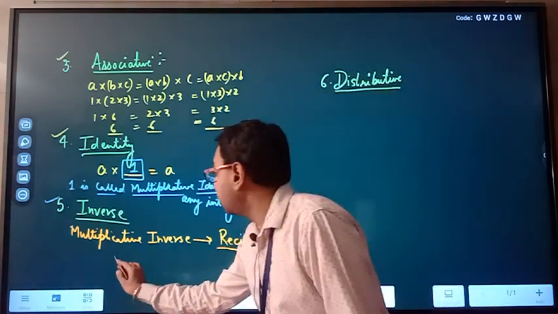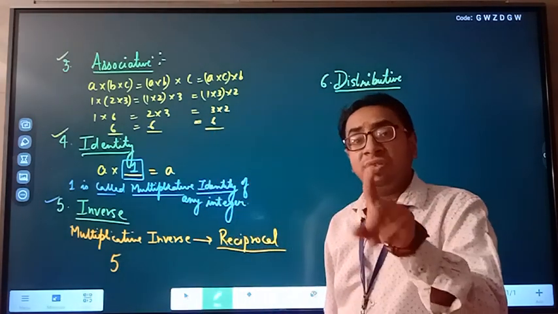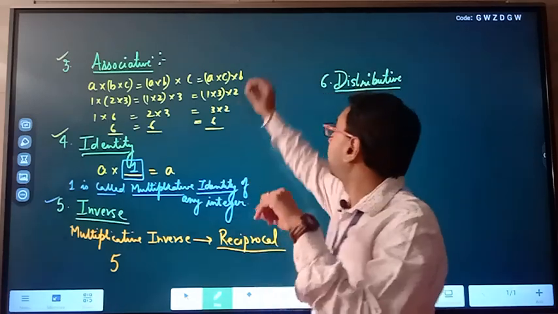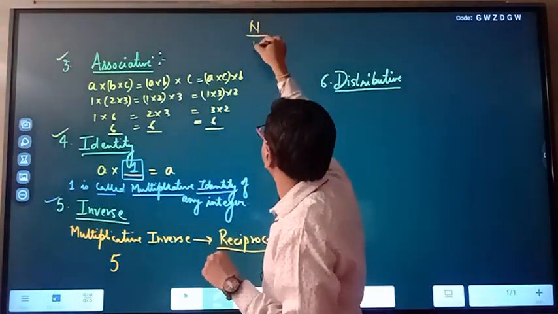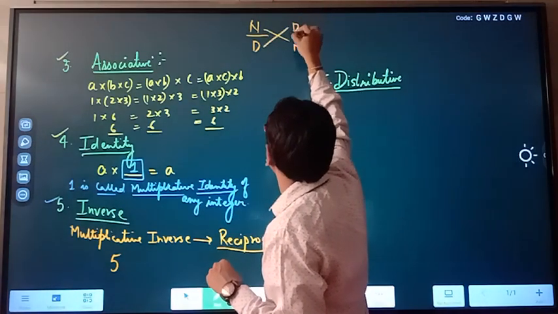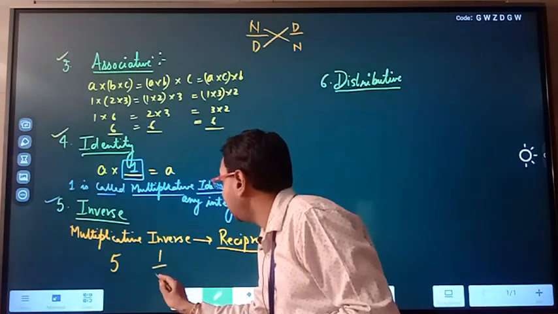But if I ask you, 5 is an integer, but if we take the reciprocal, the numerator will become the denominator, and the denominator will become the numerator. This is what is going to happen. So it will become 1 by 5.